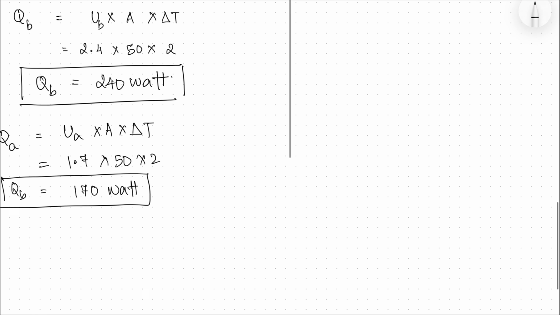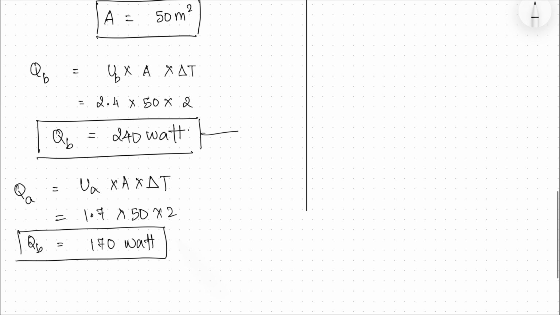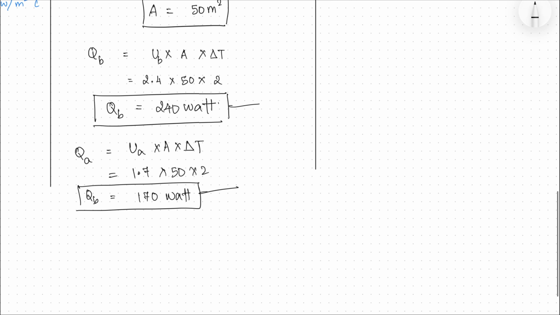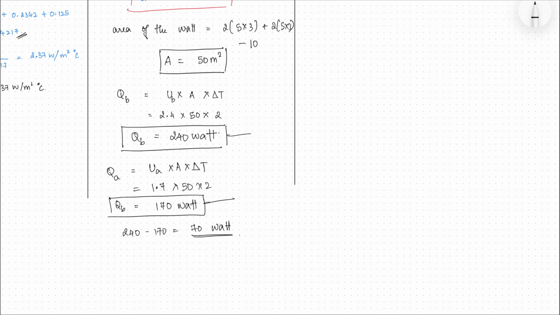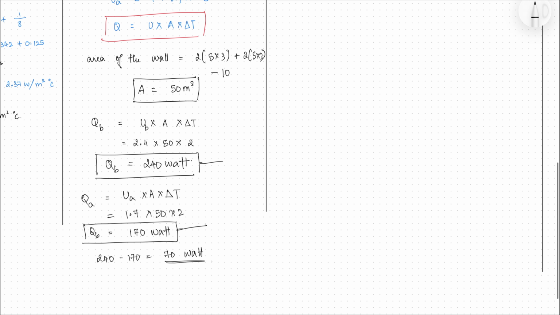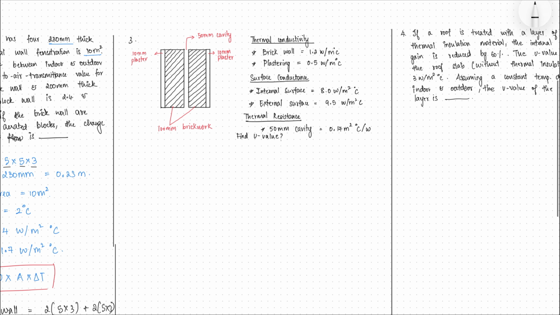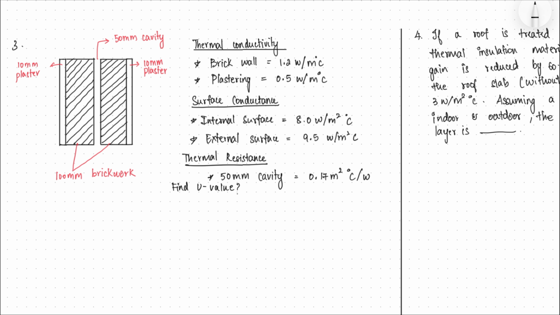So they basically want us to find the difference between these two, which gives you 70 watt. So 70 watt is the change in the conductive heat flow if the brick wall is replaced by the aerated block. Now let's move on to our next question.